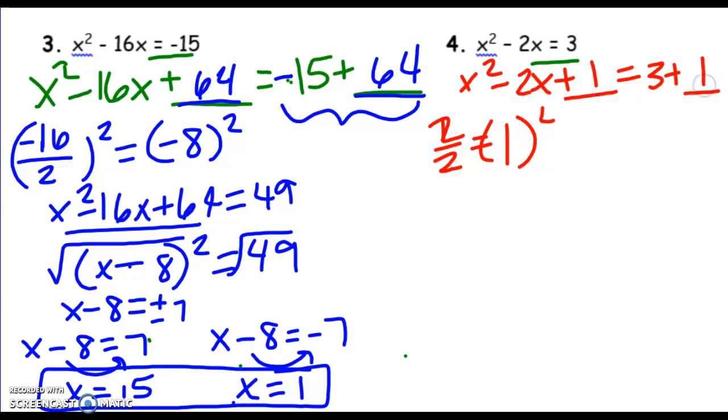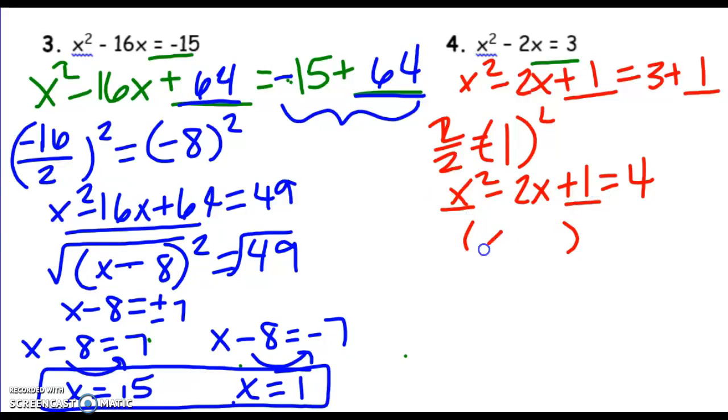So I'm going to add that in there. My new equation becomes x squared minus 2x plus 1 equals now 4. I'm going to set this up as a perfect square. Since this is a perfect square and this is a perfect square, they would both be x minus 1, quantity squared, equals 4.